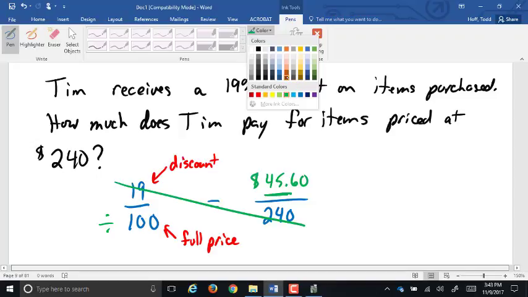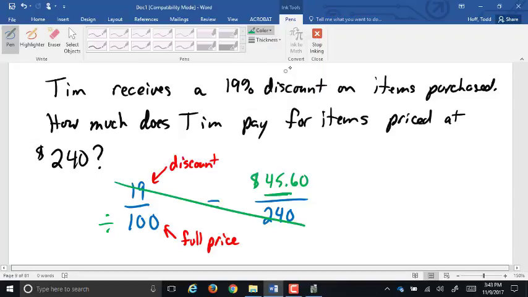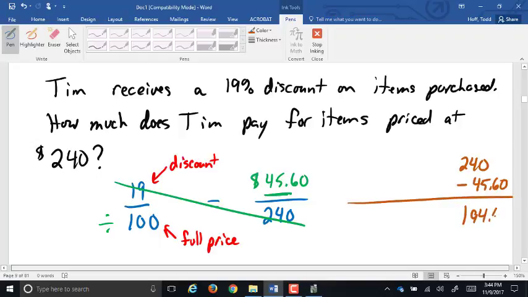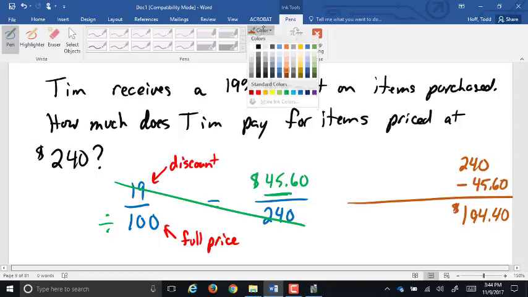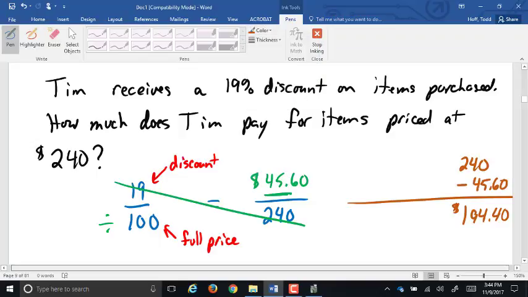So to use that to find what we're looking for here, we would take the $240, subtract the 45.60 to get $194.40. That is what Tim paid.